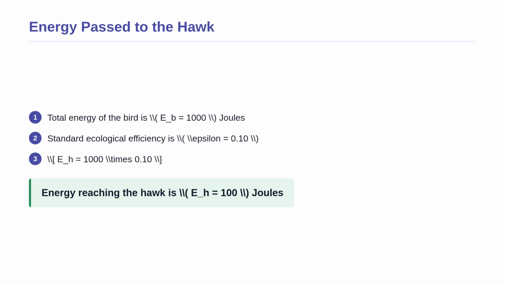The final answer is that the hawk receives 100 joules of energy. This example beautifully demonstrates how a Y-shaped chain pools energy from different sources. By combining the grazing and detritus pathways, higher-level predators like the hawk are allowed to thrive, even when individual linear pathways might be too weak to support them alone.